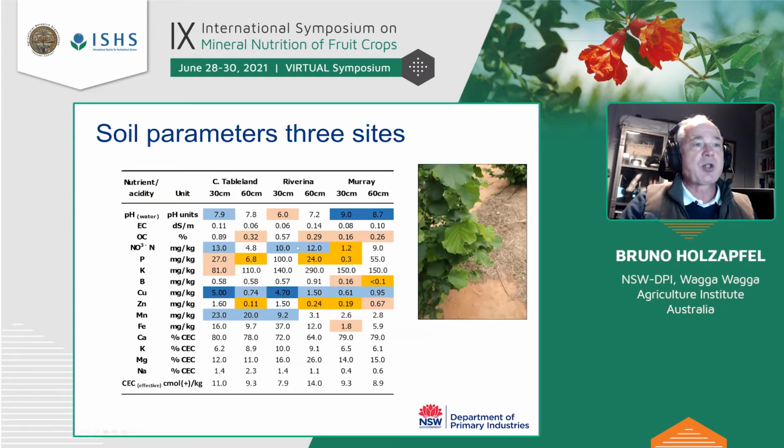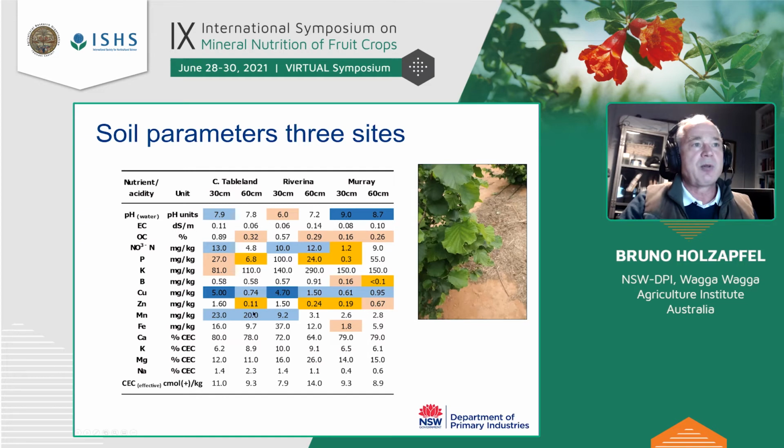So in the soil, we can see the colors indicate values out of the standard range, either too high in blue, or too low in yellow or orange. In particular, the Murray had issues with the soil pH.